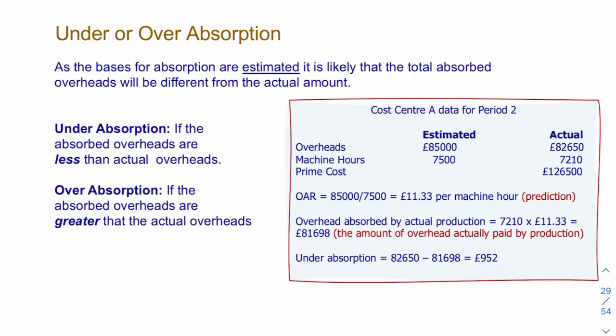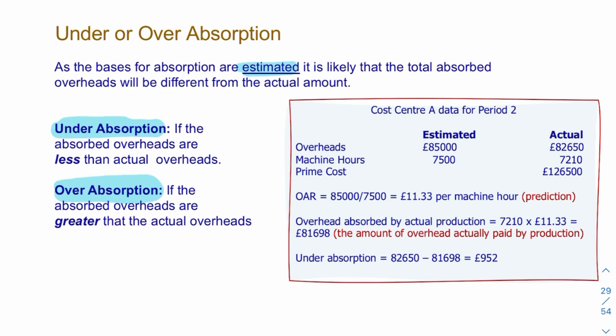Another example. This time, the point I'm trying to make is that when we try to absorb these costs, we often make estimates. These estimates are often wrong, and that might result in an underabsorption or an overabsorption. An underabsorption means we don't manage to reclaim all the overheads because our estimate was wrong.